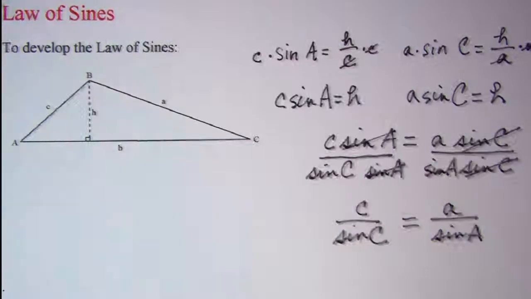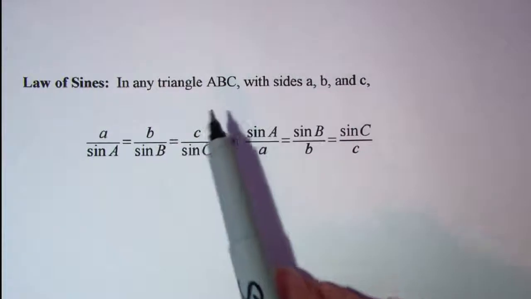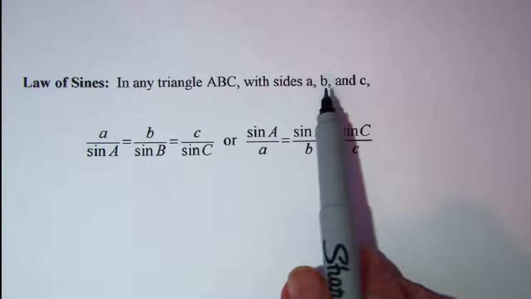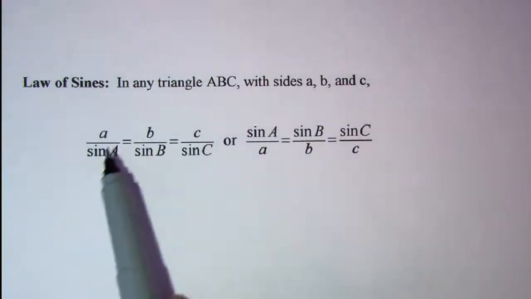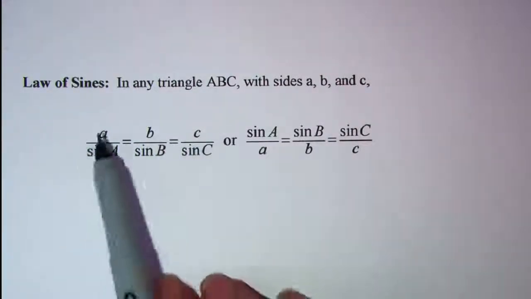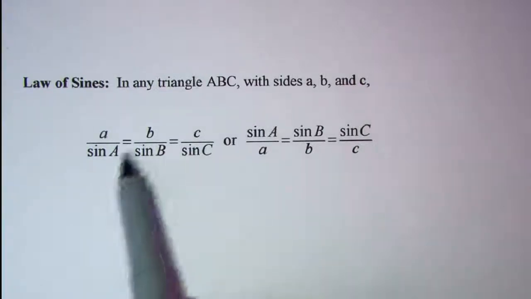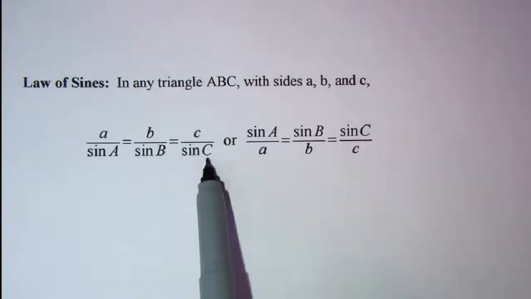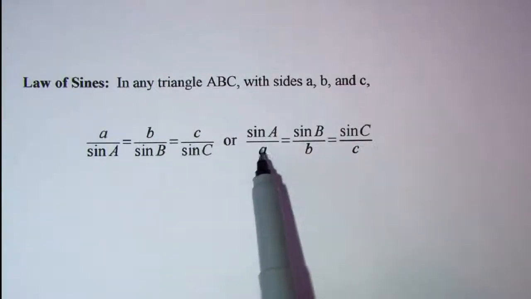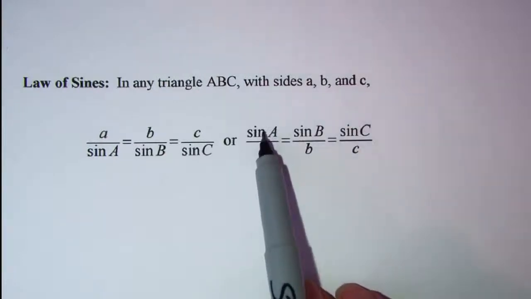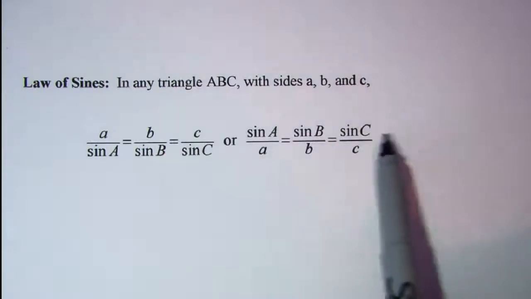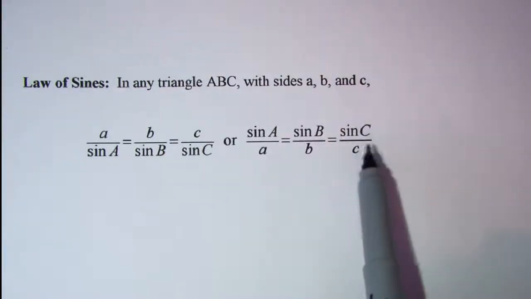Basically, the law of sines is, in any triangle ABC with sides lowercase a, b, and c, the proportions are true that a is to the sine of A, as b is to the sine of B, as c is to the sine of C. Or you may see it sometimes written as the sine of A is to a, as the sine of B is to b, as the sine of C is to c.